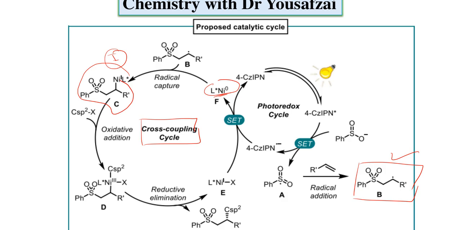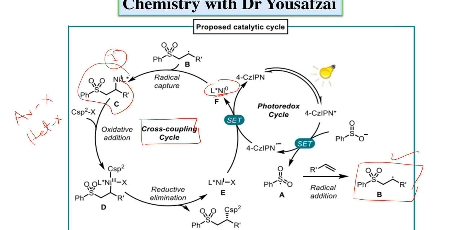And in the next step, this intermediate C will be added oxidatively across the C-X bond of the aryl or heteroaryl halide, and the nickel will go to the +3 oxidation state.